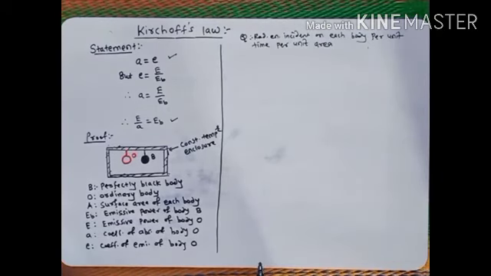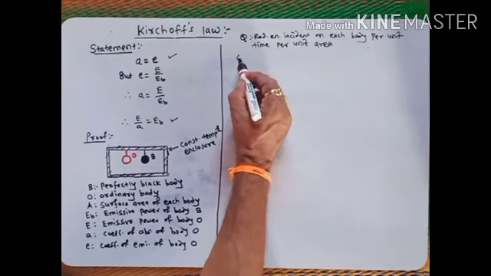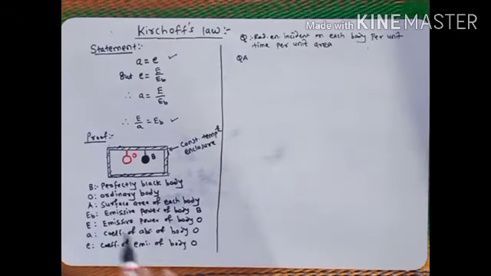Now the total radiant energy incident on body O per unit time is QA. QA is the energy incident on body O.